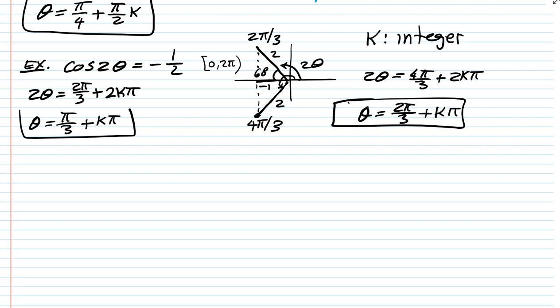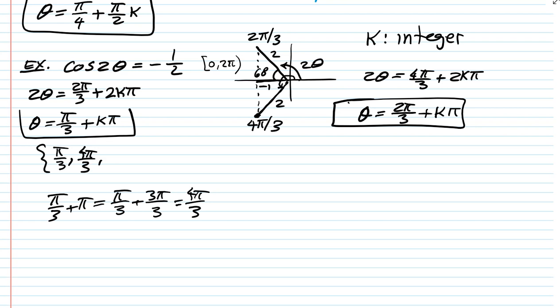Opposite of 0 is 0. All right. So let k be 0, then the solution is pi over 3. When k is 1, I'm going to do my scratch work here. That's pi over 3 plus 3 pi over 3, or 4 pi over 3. So I'll pick up another, there we go, 4 pi over 3. The next one would be another 3 pi over 3. That's going to be 7 pi over 3.